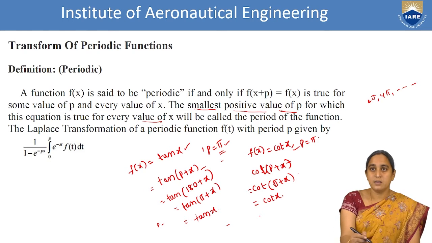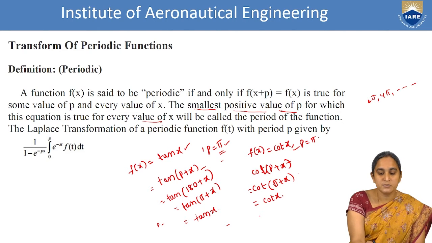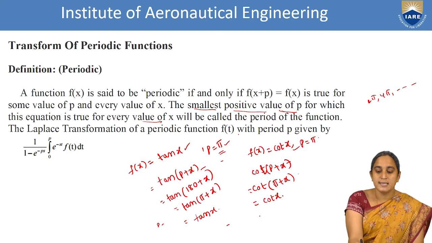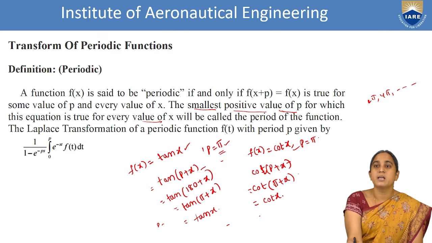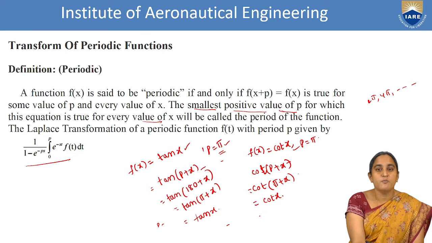Now, I'll apply the periodic formula on the Laplace transformation. The Laplace transform of a periodic function f of t with the period p is given by the following formula: 1 by 1 minus e power minus ps, integral 0 to p of e power minus st into f of t dt.